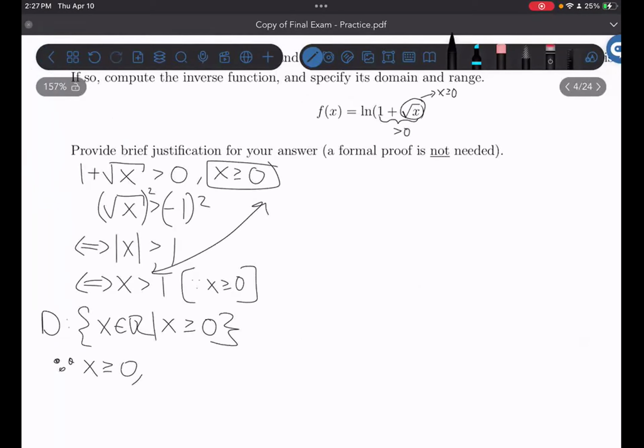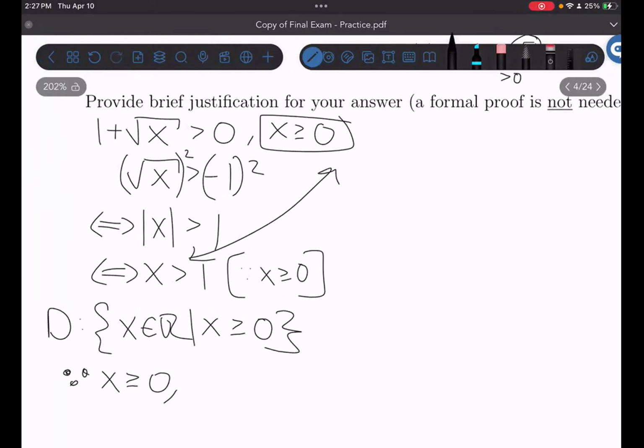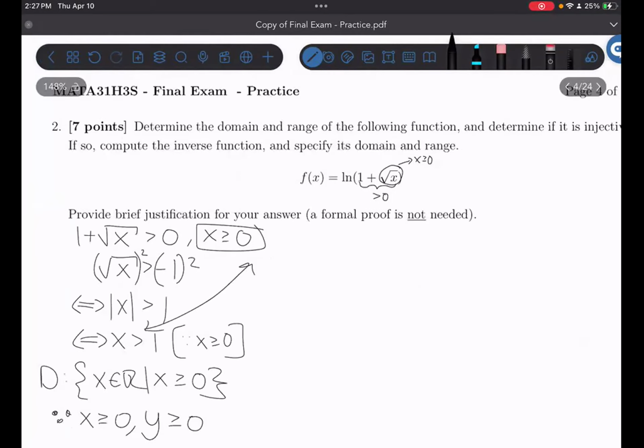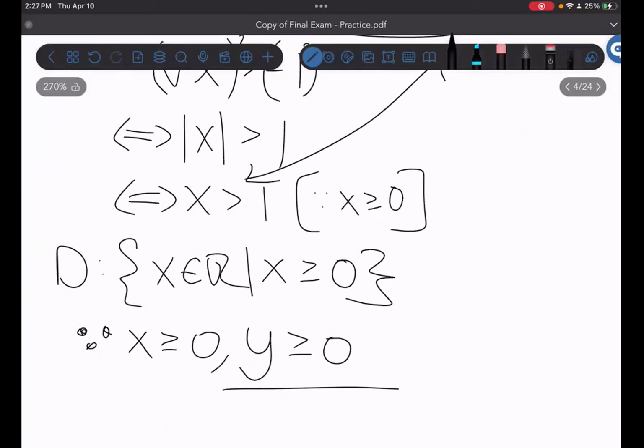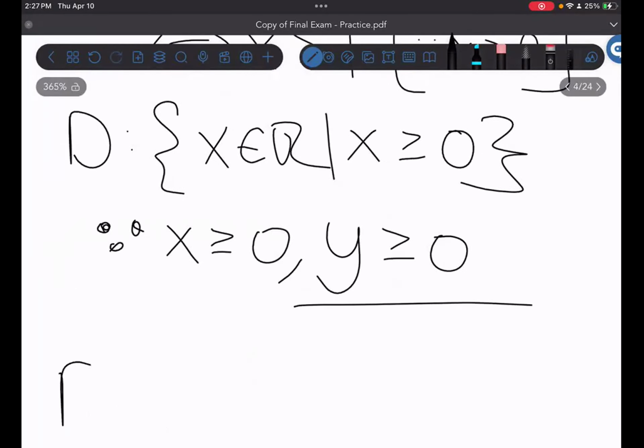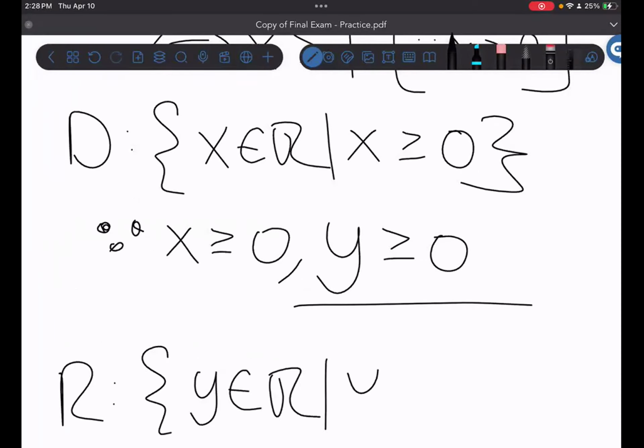Cool. Okay. So since we know that x is greater than or equal to 0, for the range, y would be equal to 0 when x is 0. But as x continues to grow larger and larger, y would take on positive values. It would never be negative. So your y would be greater than or equal to 0, so your range would be where y is greater than or equal to 0.